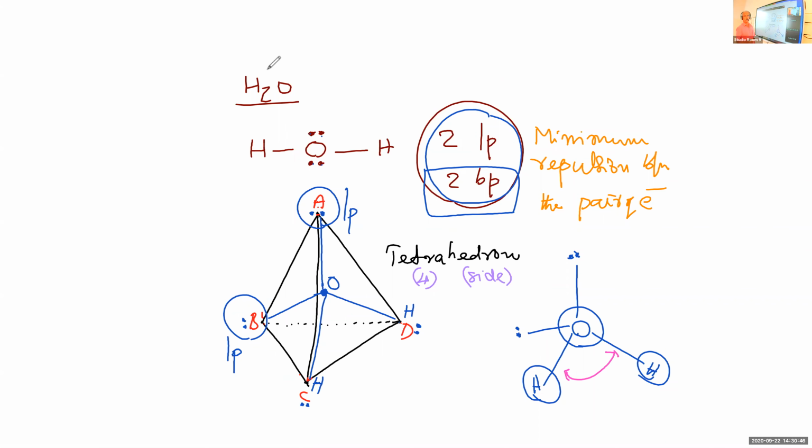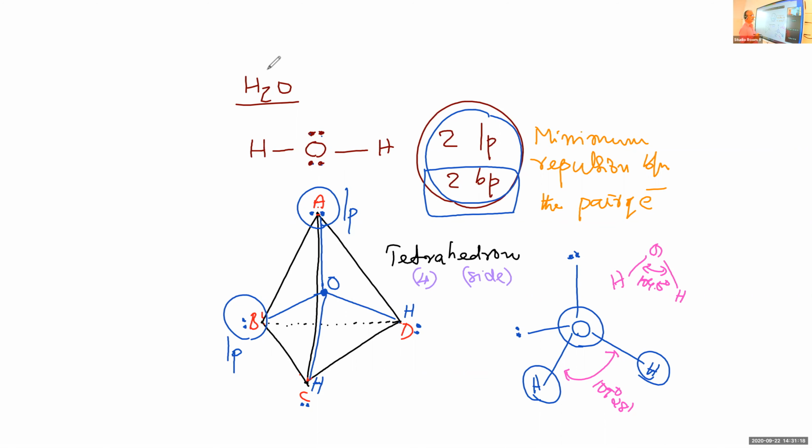If this is the structure, the bond angle is expected to be 109 degrees 28 minutes. That is the expected bond angle. But the actual bond angle in water molecule, H-O-H, is 104.5 degrees.